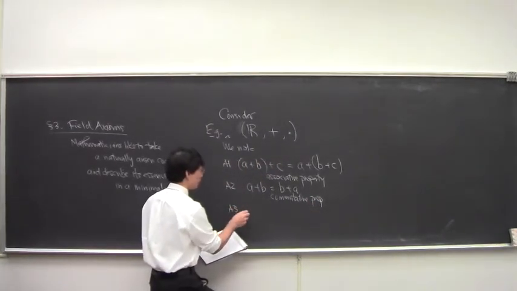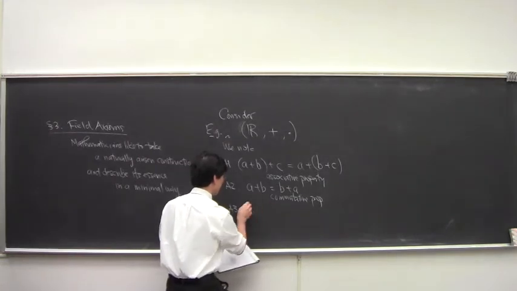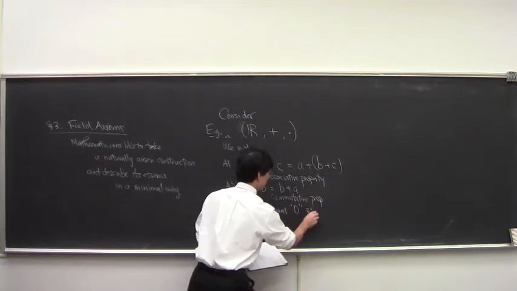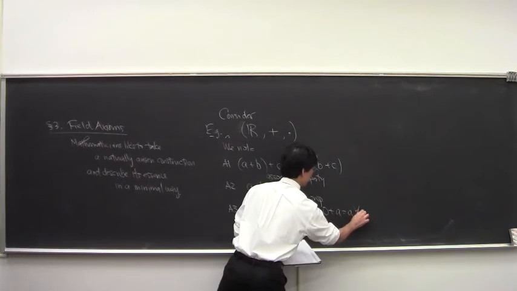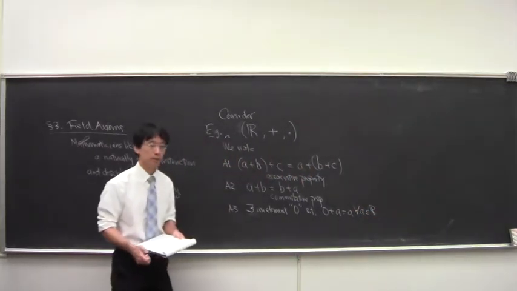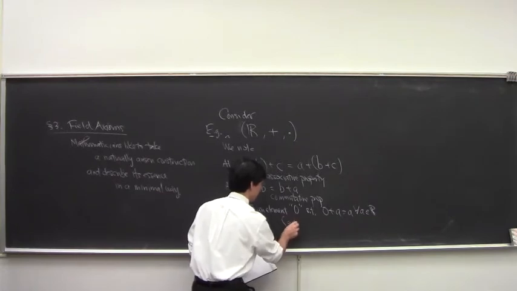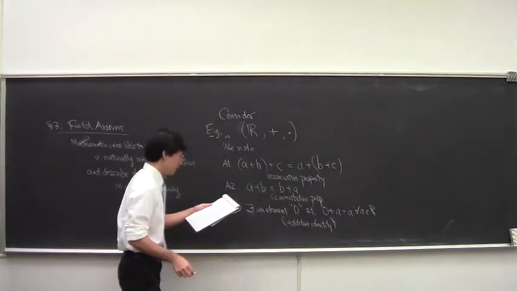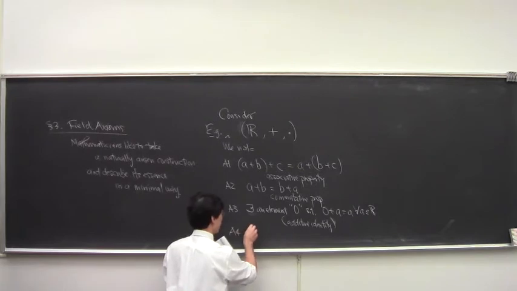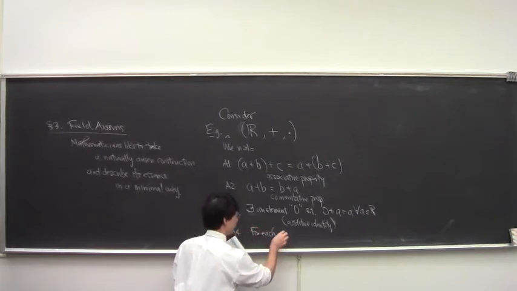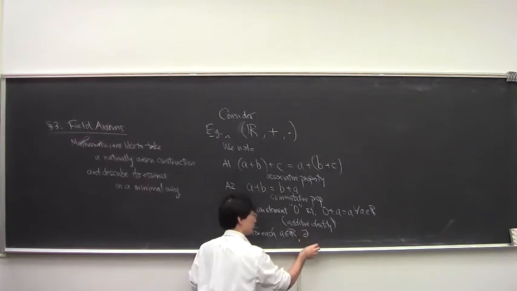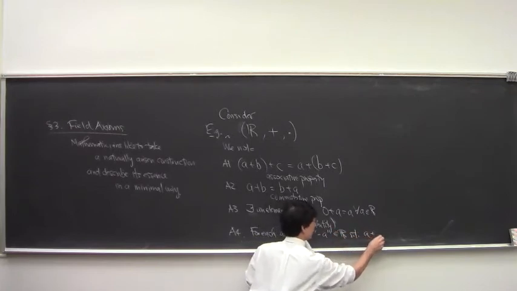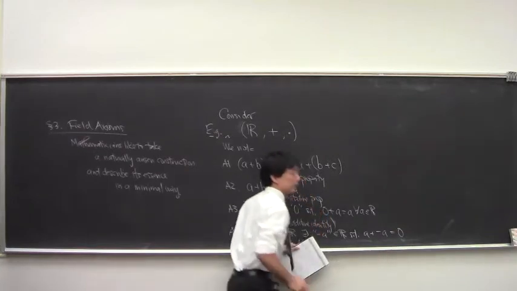Commutative property. Number 3, there's this thing called the identity, the additive identity. There exists an element called 0, such that 0 plus A equals A for all A in R. And number 4, for each A in R, there exists negative A in R, such that if you add A with negative A, you get the additive identity.